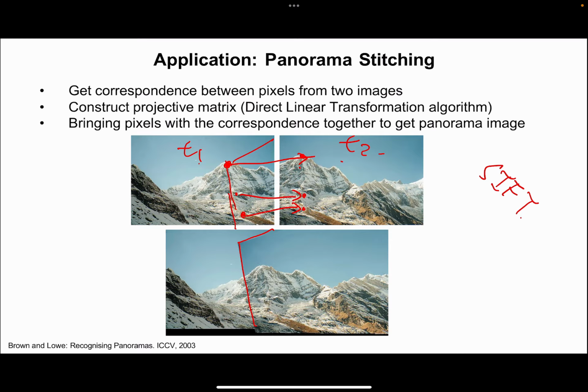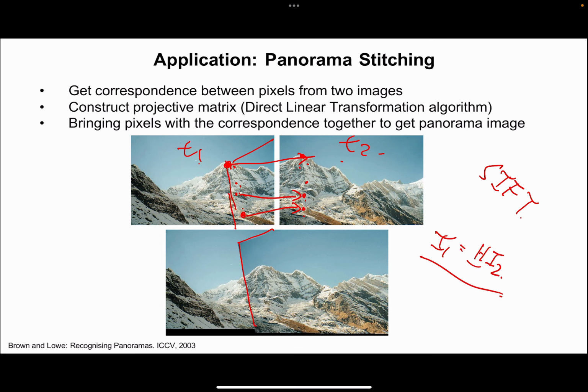From this correspondence with many points, of course there should be noise outliers, so we need to cancel some outliers. But anyway, if we get reliable correspondence between 2 images, we get a projective transformation matrix, which can explain the relationship between these multiple points.